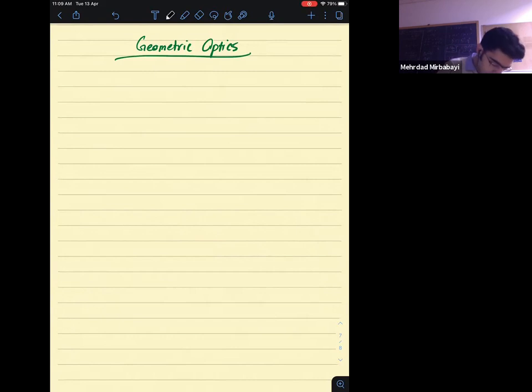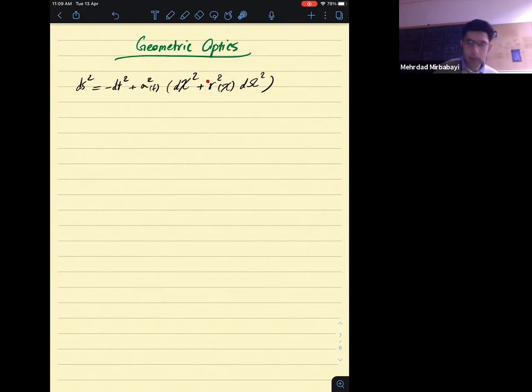If you remember, the FRW metric had this form, times the spatial metric, where this R contains the information about the spatial curvature.